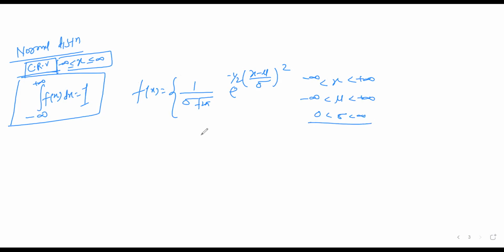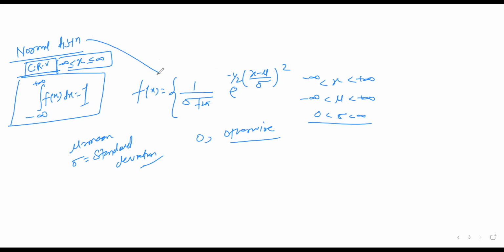Otherwise, in any other case, the function value will be equal to 0. Here mu is called the mean, and sigma is called the standard deviation.